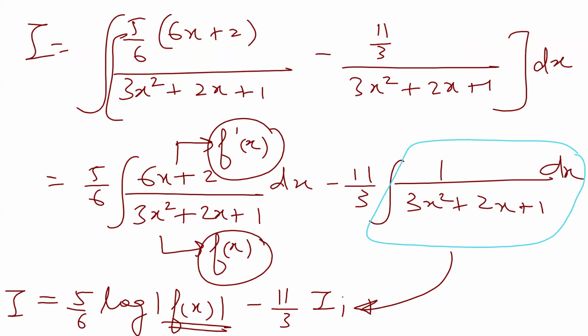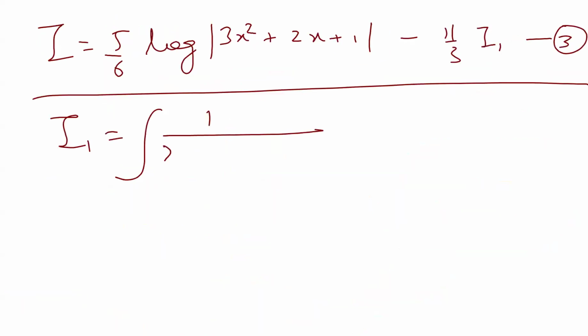Now what is I1? Integration of 1 upon 3x square plus 2x plus 1 dx. Now we have a middle term, completing squares with a middle term. Whenever there is a middle term, there shouldn't be any coefficient of x square.